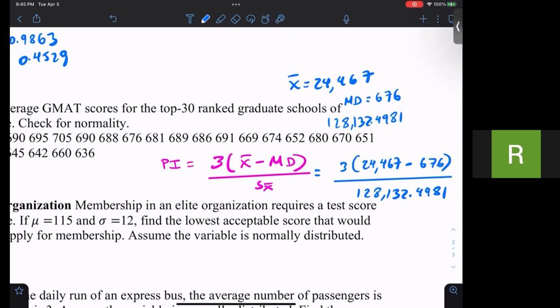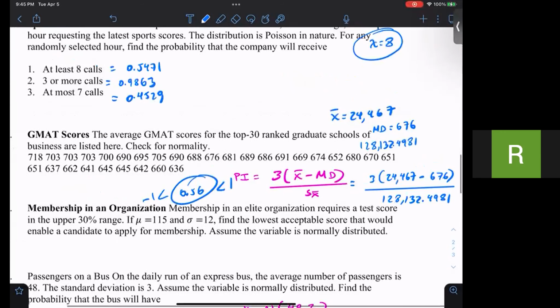So I get 0.5570, or 0.56. So this is within normality, right? This value is between 1 and -1. So I will say that this distribution is normal, right?